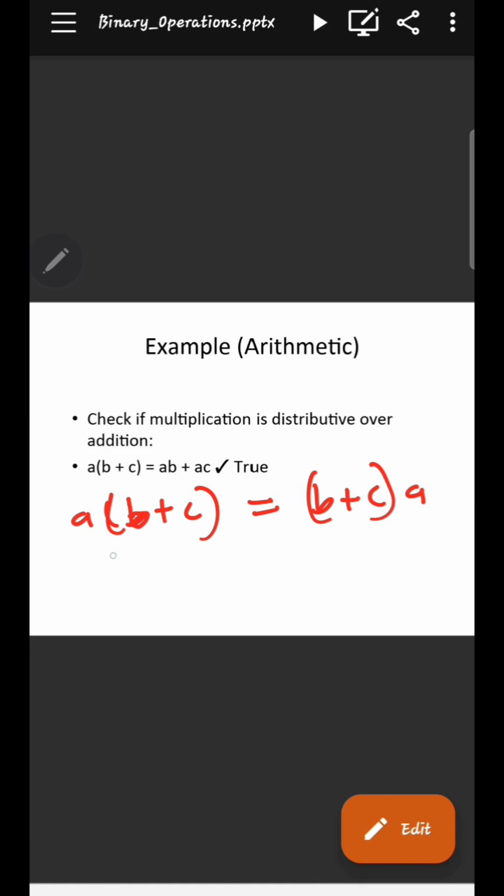Now let's check whether they are distributive. Here, you have A times B, that's AB, plus A times C, AC, is equal to B times A, BA, plus C times A, CA.